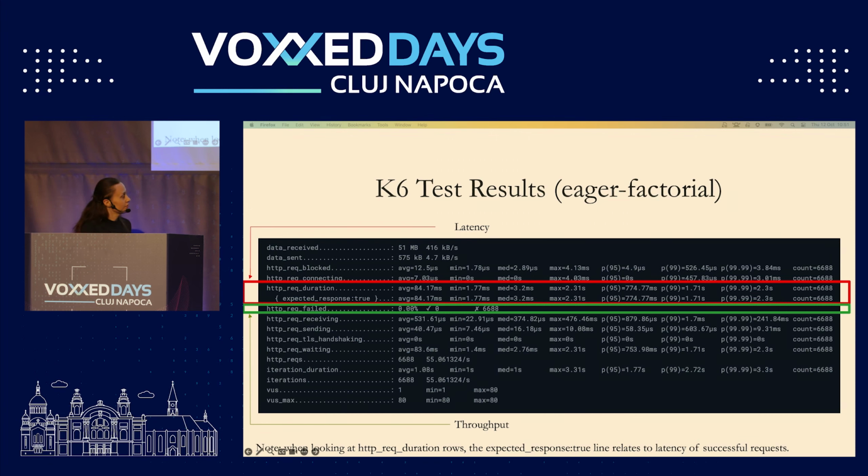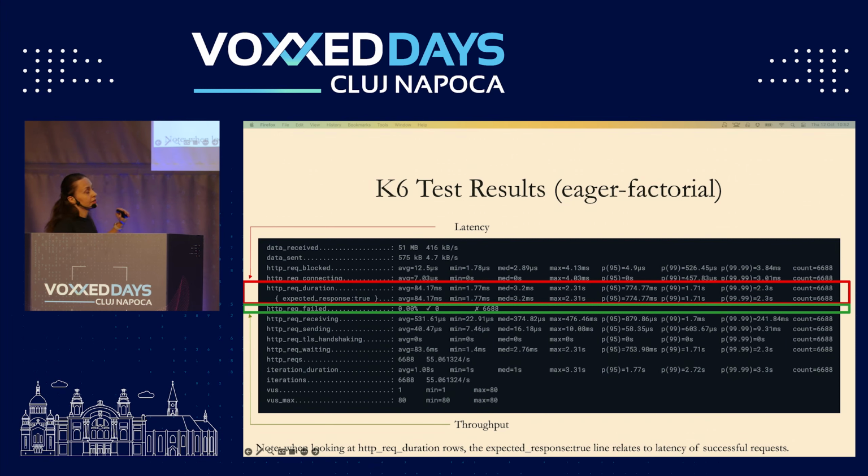I'm also giving you an explanation of what the request duration rows mean. The expected response line is like, if you have errors like 404 and these kinds of things, you're going to see slightly different error values on the upper line, while the average expected response is always going to tell you that these were successful all the time.